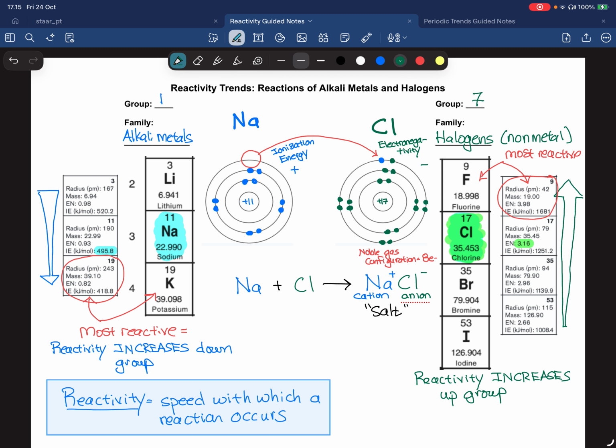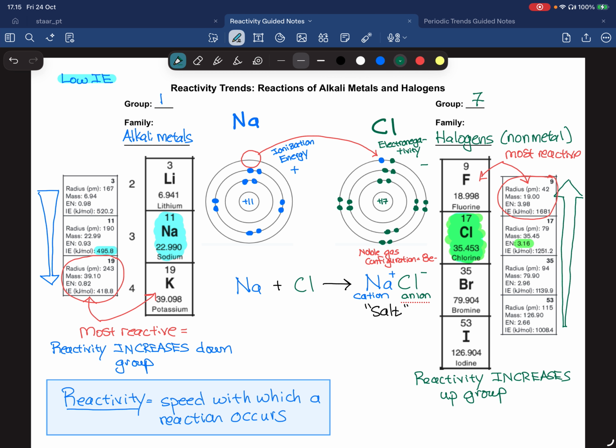So, in summary, what makes a metal reactive is a low ionization energy. Okay? That's what makes metals reactive. The lower you go, the more reactive they get.